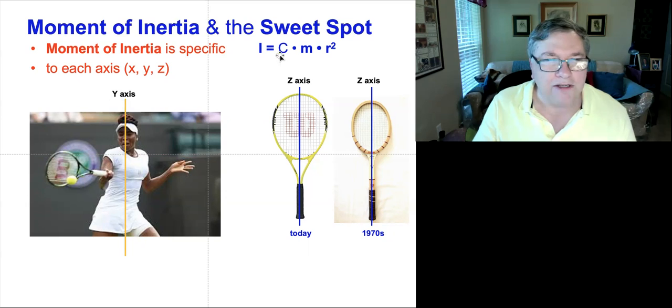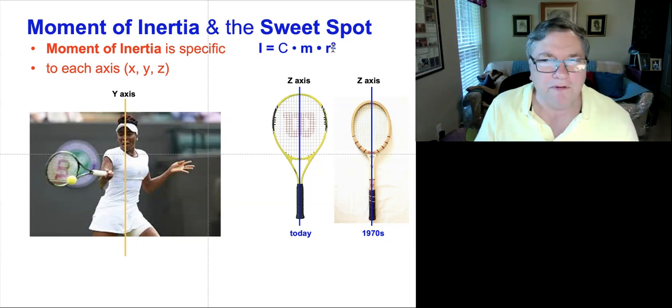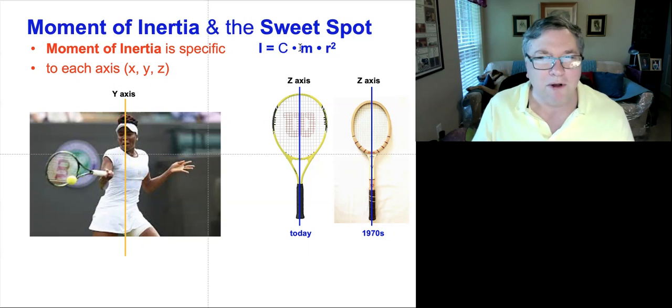For the y-axis, we have a low mass and a reduced moment of inertia. So that means a much smaller moment of inertia.